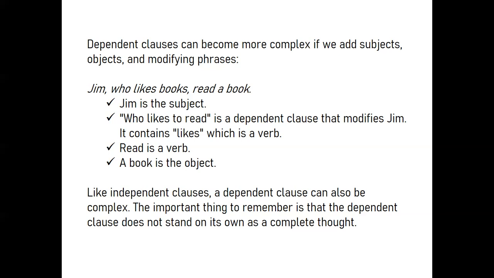Though it has a who, that is just a question word. Next, after the comma, we have read, which is a verb, and a book is the object. So all in all, just like the independent clauses, a dependent clause can also be complex. The important thing to remember is that the dependent clause does not stand on its own as a complete thought, compared to the independent clause that can stand on its own.